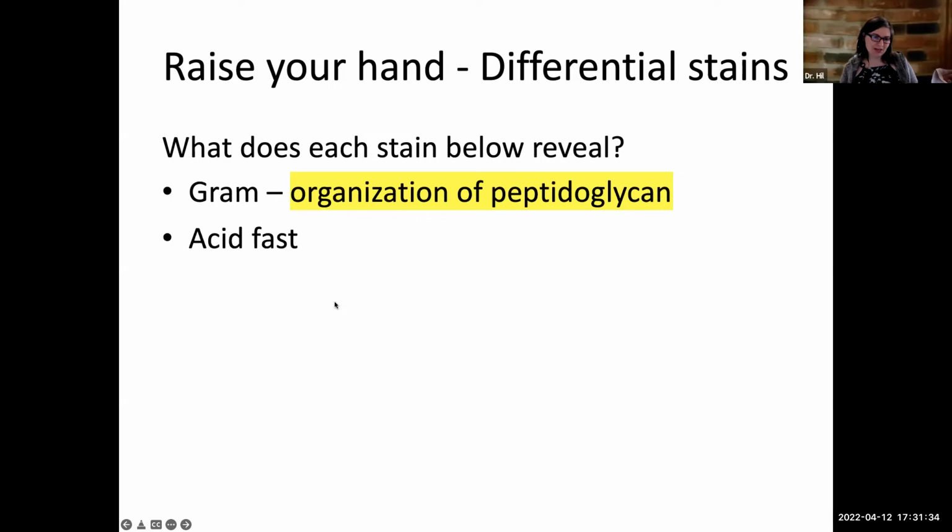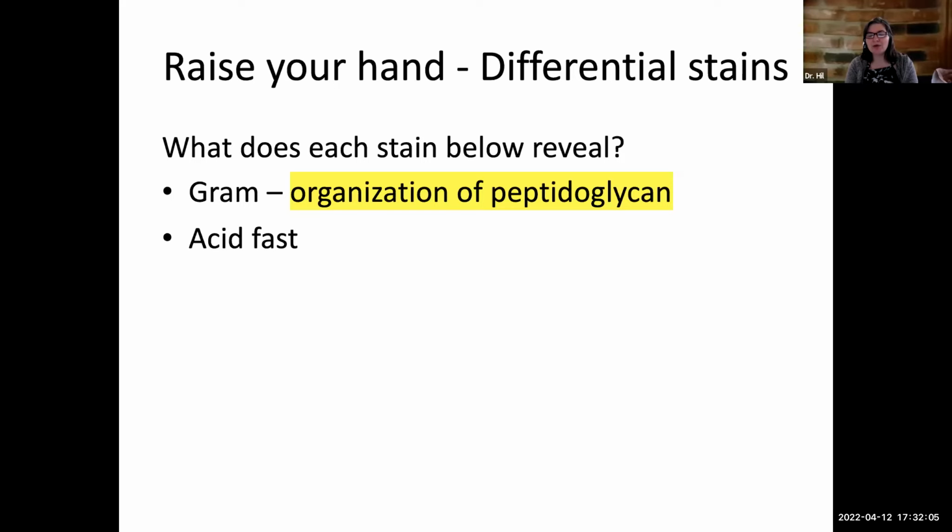The acid-fast stain reveals something different. What is it? Yes, Jenica, it is true that a cell that is considered acid-fast positive is resistant to normal staining. That's why we have to do the acid-fast stain. Sarah says whether or not the bacteria has a waxy wall.